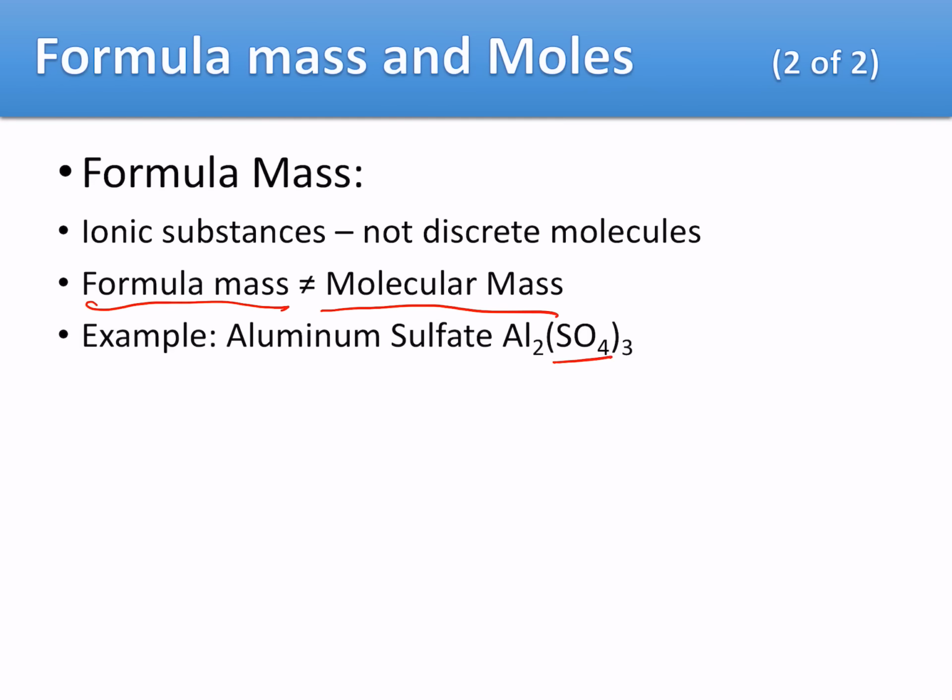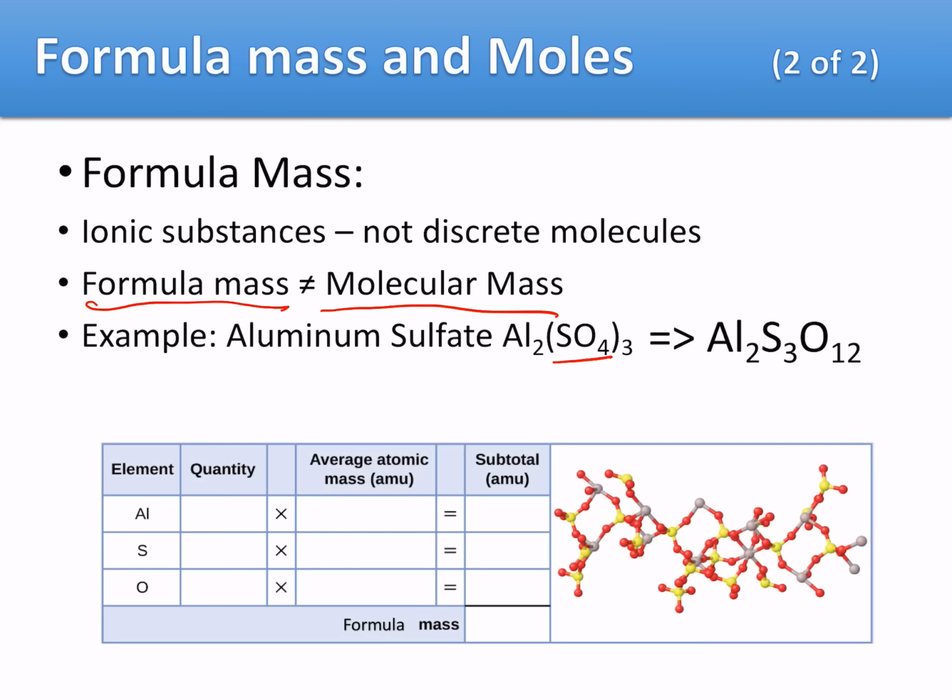and when you are determining the formula mass for any substance, if you see something like this polyatomic ion within parentheses and there is a number outside that parenthesis, well, usually you want to eliminate that parenthesis so that you have a better count of atoms in that formula. You build your table. Again, you pick all the elements that are there. You count how many of each one you have.